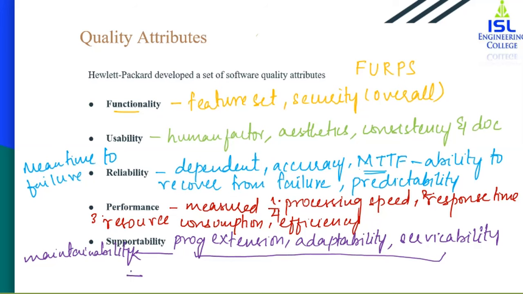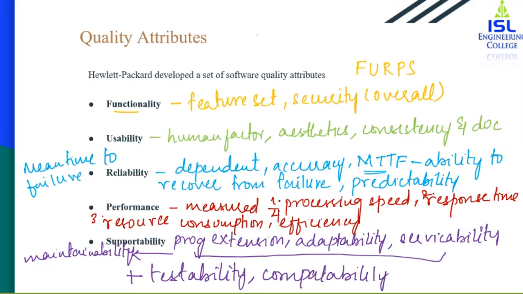Now apart from this maintainability, you're also going to focus upon testability, that is how well your software can be tested, compatibility, and also configurability. That is what are the different software and hardware configurations that are there.